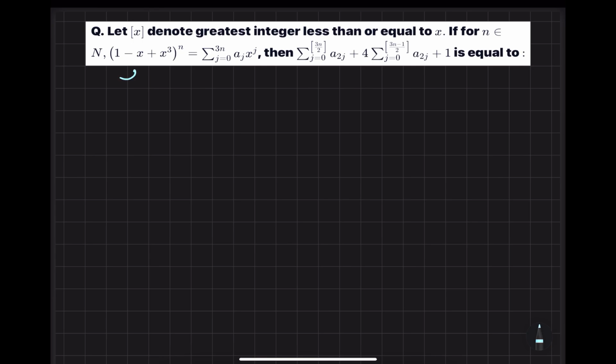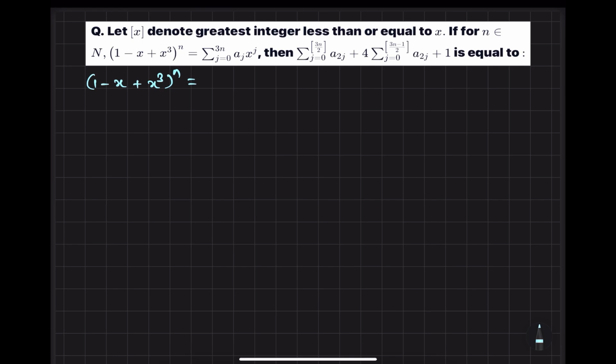Suppose that we have to expand this thing. You know it is multinomial, but whatever it is, you know that it will have all powers of x. Let's open this one. It's based on pure observation. (x² − x³... )^n.